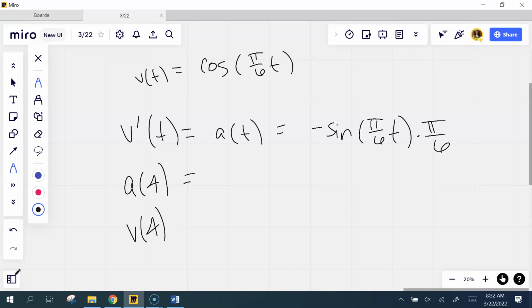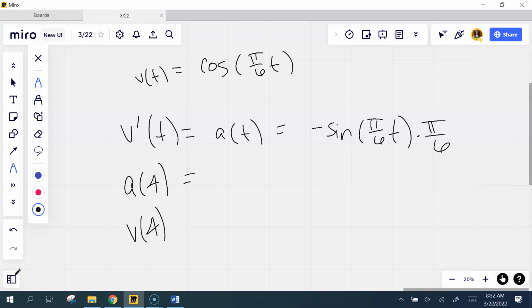The question asks about time t equals 4, not 0. Correct.